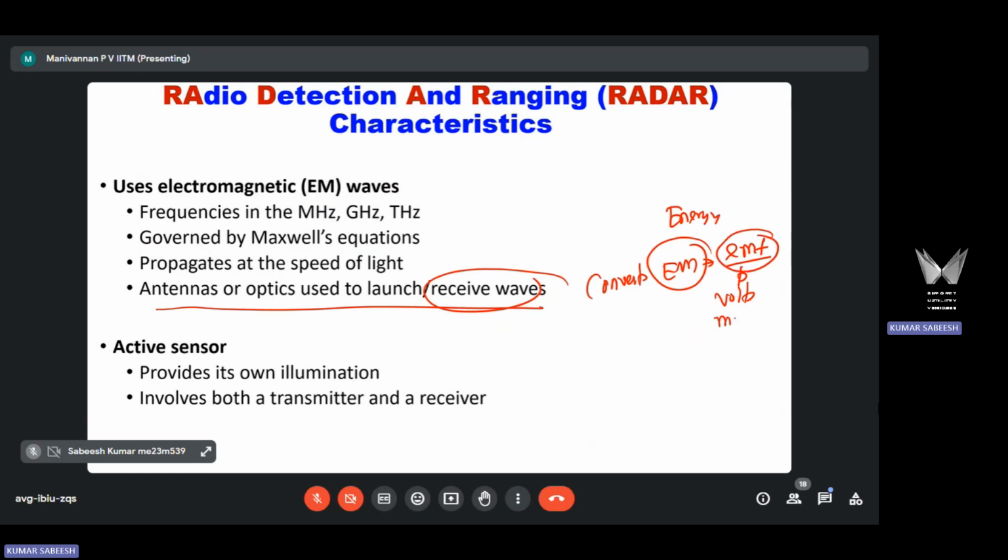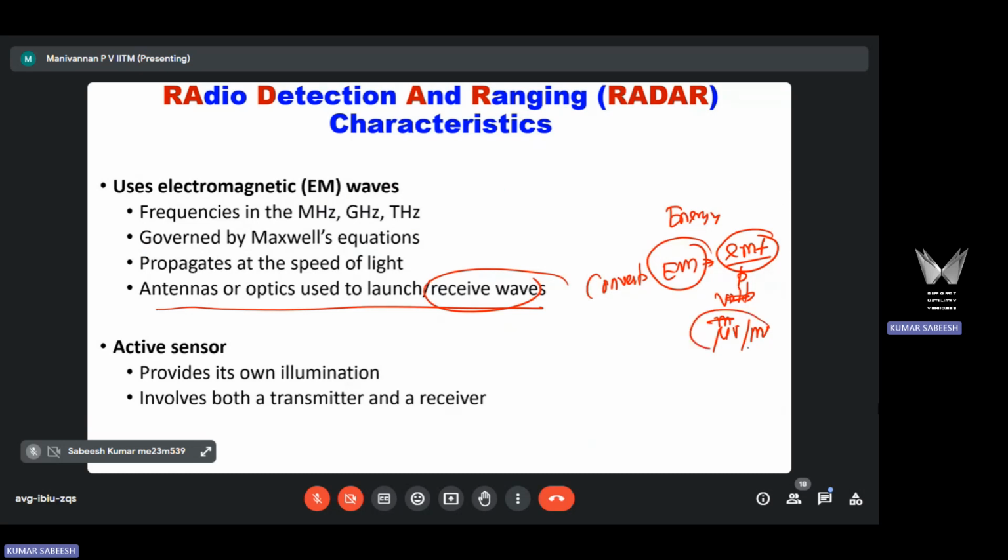The units are volts, but it will generally be in the order of millivolts or microvolts. In your cell phone, if you measure the voltage received from the cell phone tower, it will be in the order of microvolts.